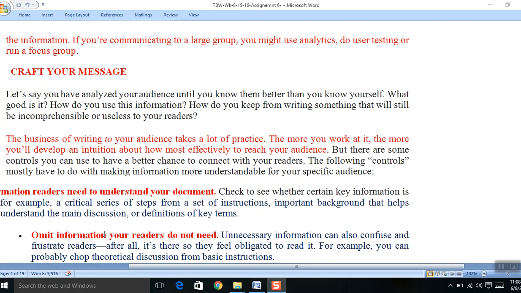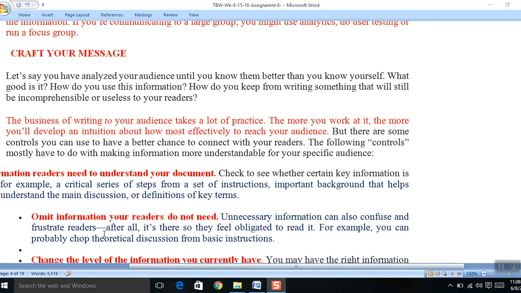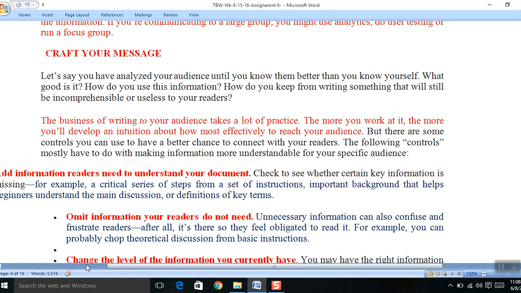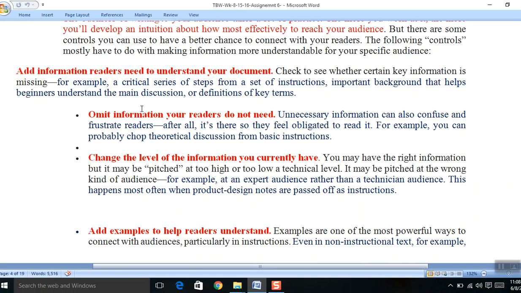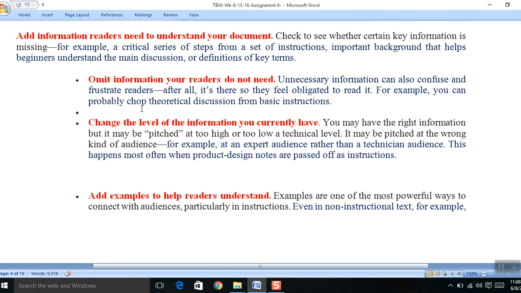Here it means that once you have made your audience analysis properly, and you have planned to write some report for the people, and the major point is writing a report for a non-technical audience, so these points must be considered.